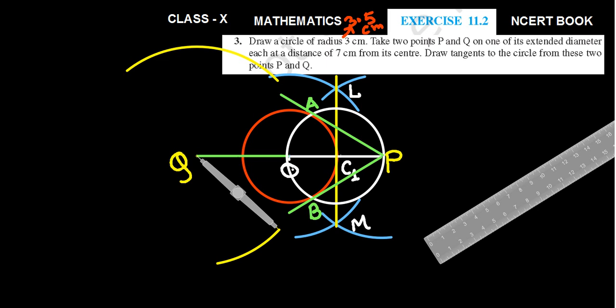Now put the tip at O and draw an arc again below OQ and above OQ. So now the arcs have been drawn.